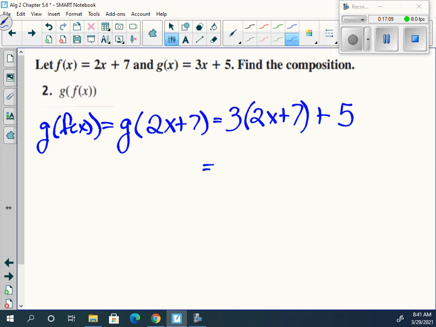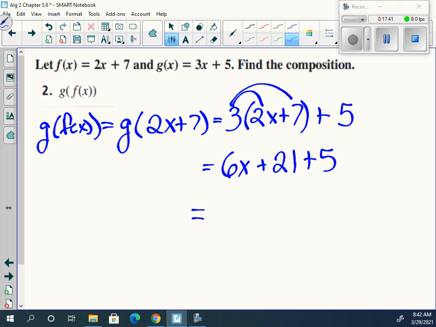Now again, we want to simplify this down, so we'll need to distribute the 3. We need to multiply through by 3. Well, 3 times 2x will give us 6x. 3 times 7 will give us plus 21, plus 5. Now at this point, we need to combine like terms.